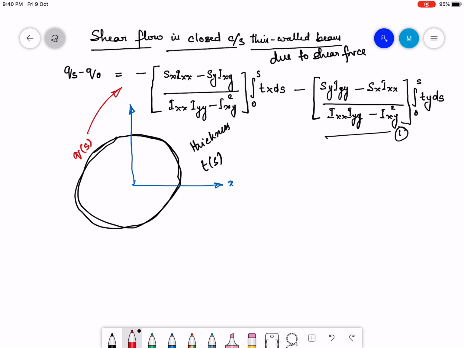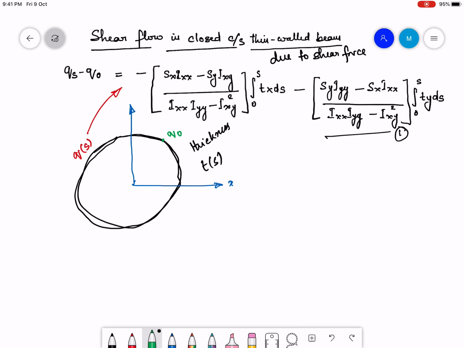So what I do for that case is that I imagine a slit. I consider an arbitrary point on the thin wall of the cross section, for which I assume that the shear flow at that point is Q0.